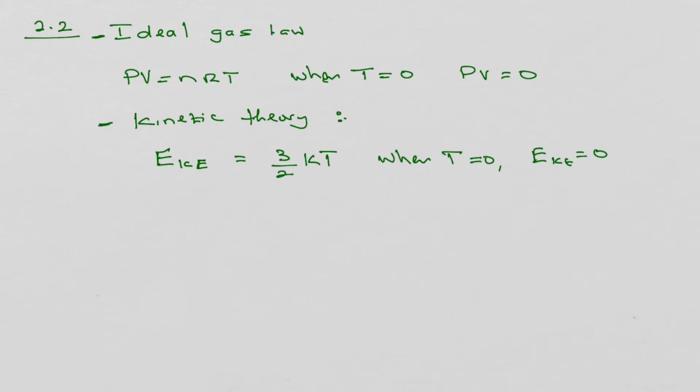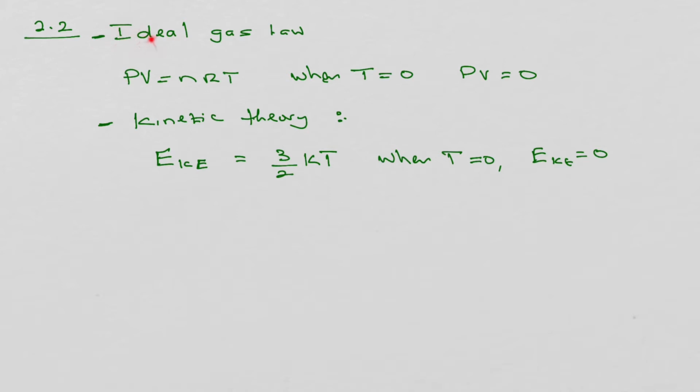Question 2.2. Absolute zero of temperature can be interpreted in terms of the ideal gas laws or the kinetic energy of particles in an ideal gas. Describe these two interpretations of absolute zero of temperature.